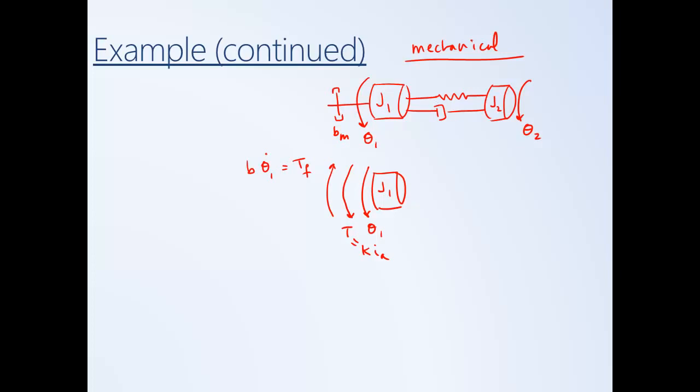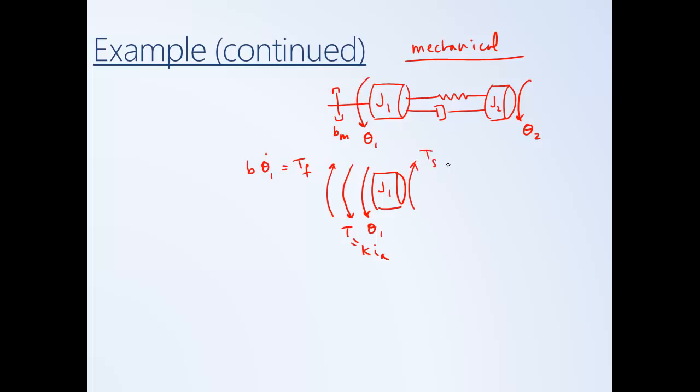And so again, this is a good review. The way that I usually determine the orientation of the spring torque is that I hold the second mass or inertia still, and I move the first inertia in the direction of positive motion. So if I move this inertia in the direction of positive theta 1, I will twist the spring, and the spring will want to spring back.